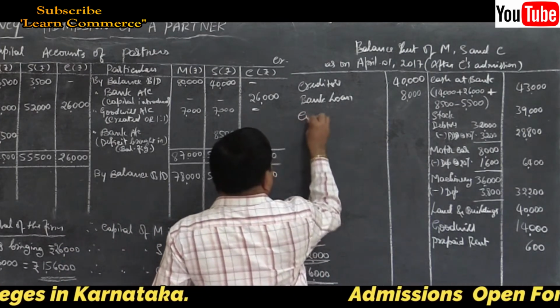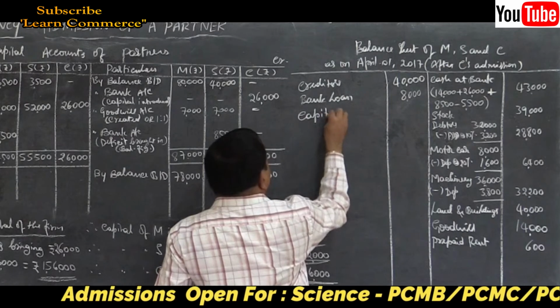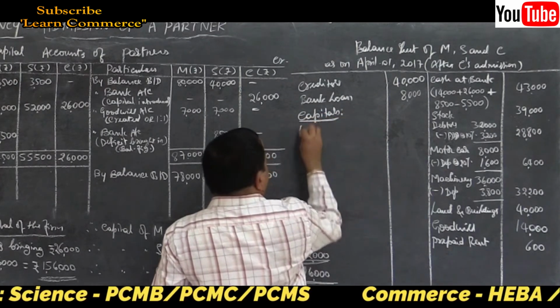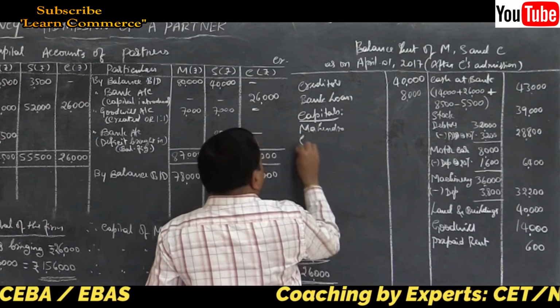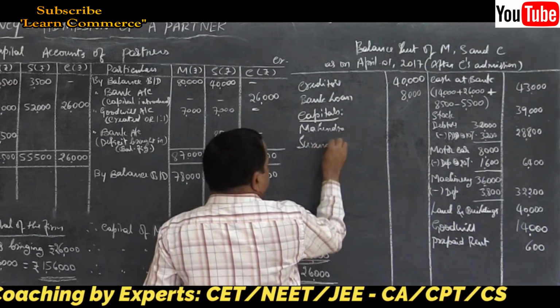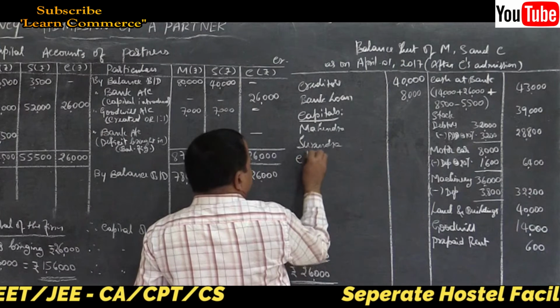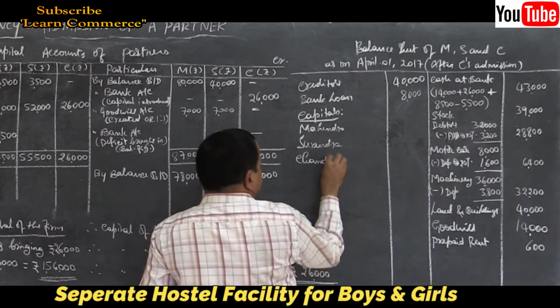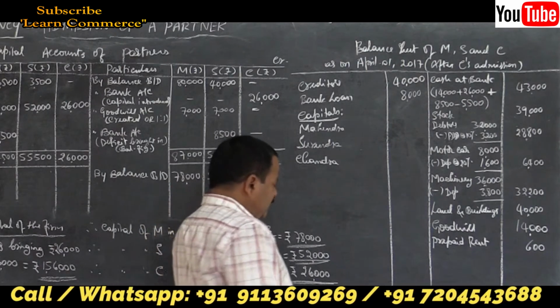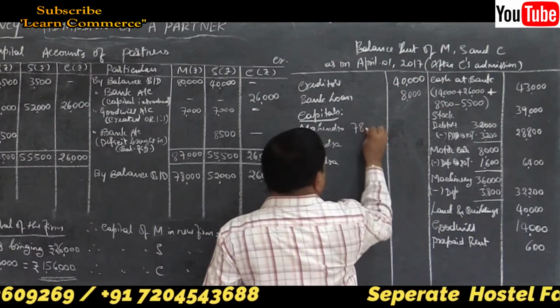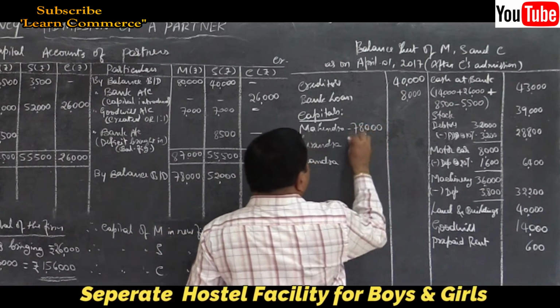Capitals. Under that Mahindra, Surendra, and Chandra. Write the amount: 78,000, 52,000, that is their new balances.